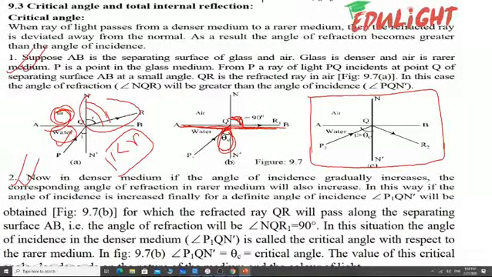In this case, what will happen? Instead of refraction, it will follow the principle of reflection. Yes, you heard it right.